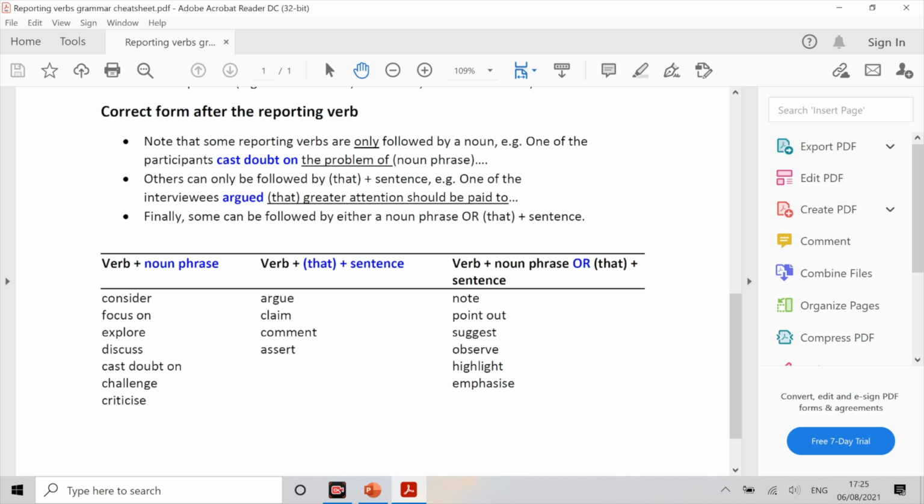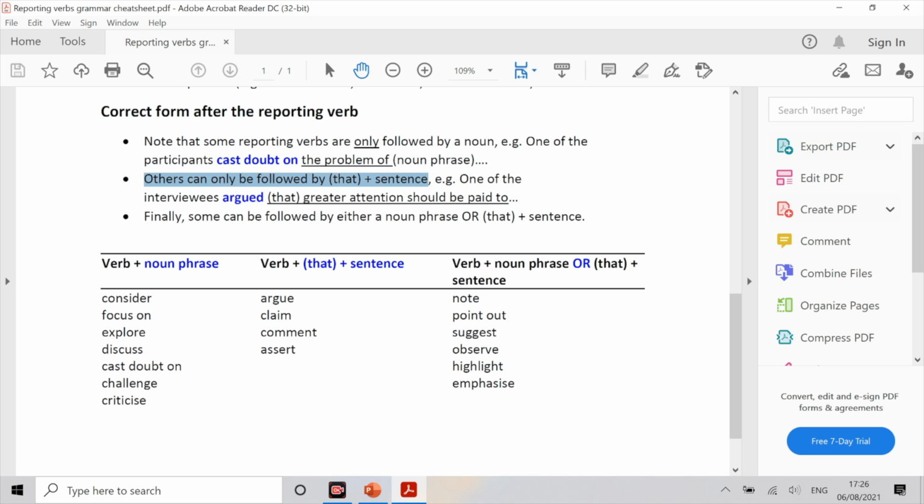So as a quick explanation, some verbs are only followed by a noun phrase. So for example, one of the participants cast doubt on the problem of, right? I cannot say one of the participants cast doubt on that the problem is. No, it's always followed by a noun phrase, right? Then there are some verbs that are only followed by that and a sentence.